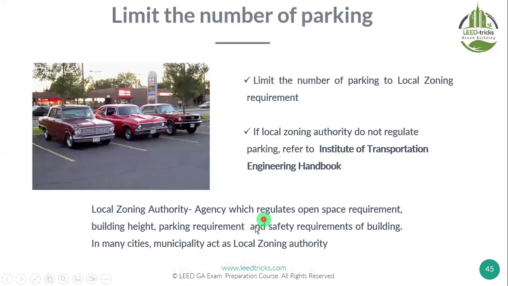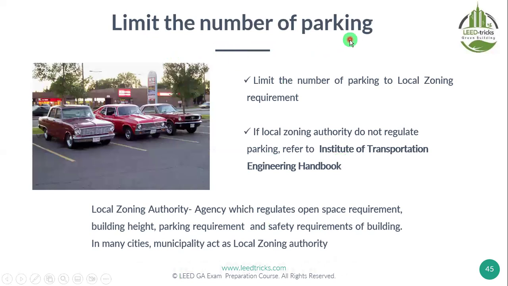So as a strategy, let's say, limit the number of parking to the local zoning requirement. What does it mean? The local government told you to provide 100 parking for your building. So this is your maximum. The maximum is set by the government because I cannot reduce less than the local zoning requirement.